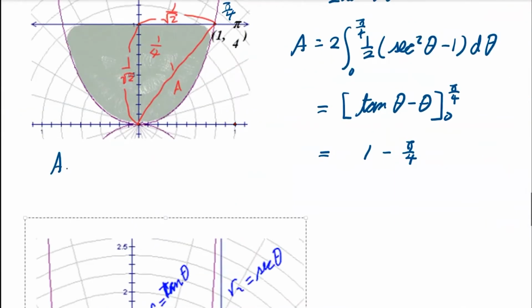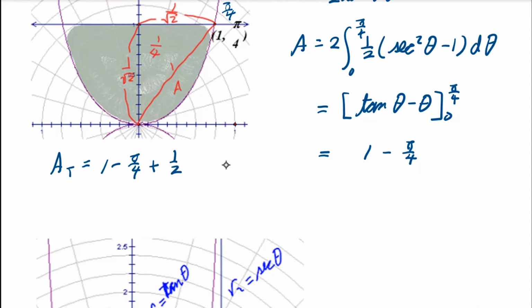Total area is 1 plus 1 minus 5/4, and then plus area of that triangle, which is 1/2. Say yes. So we have 3/2 minus 5/4. Are we good?